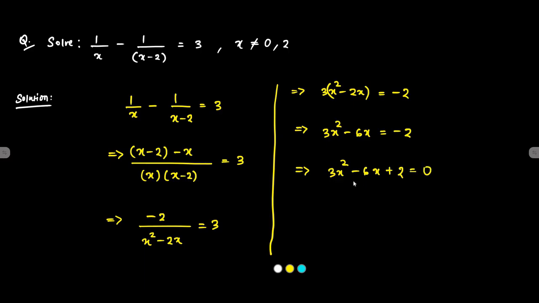Okay, this is the given equation, we have converted it into this quadratic equation format: 3x square minus 6x plus 2 is equal to 0.